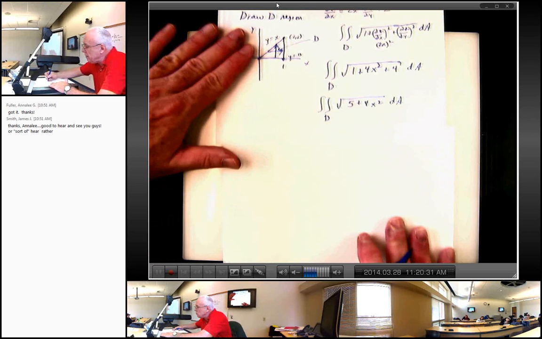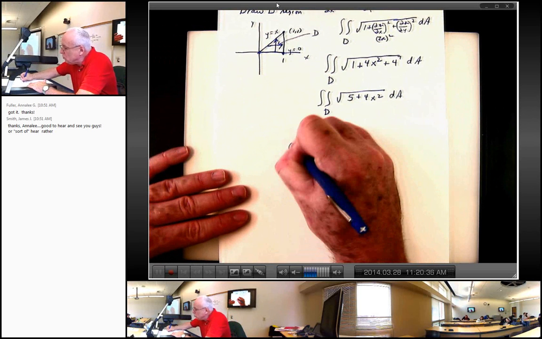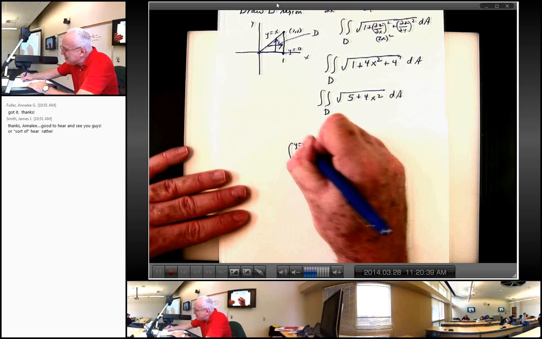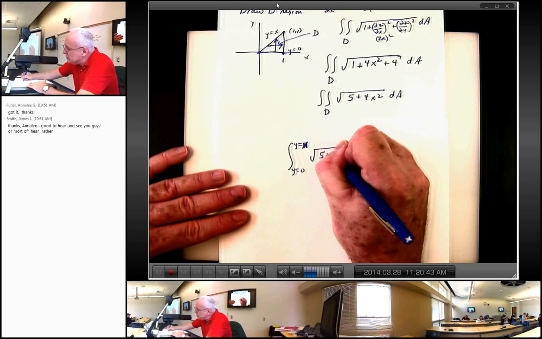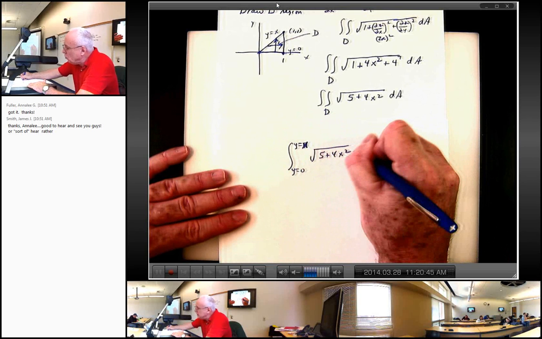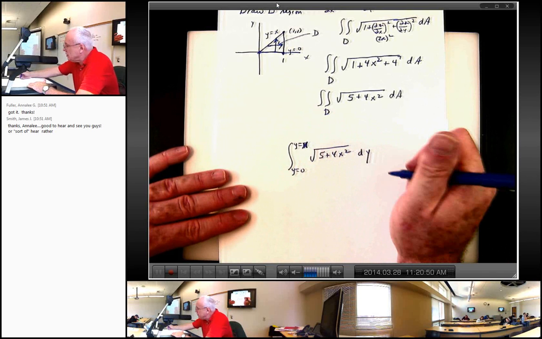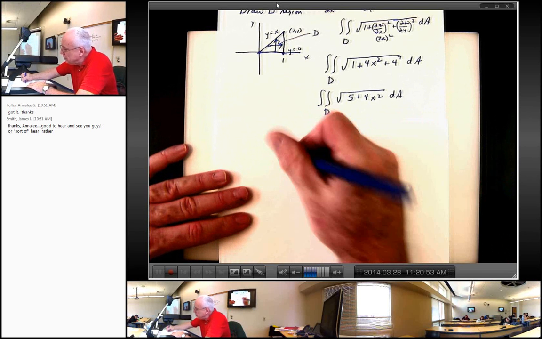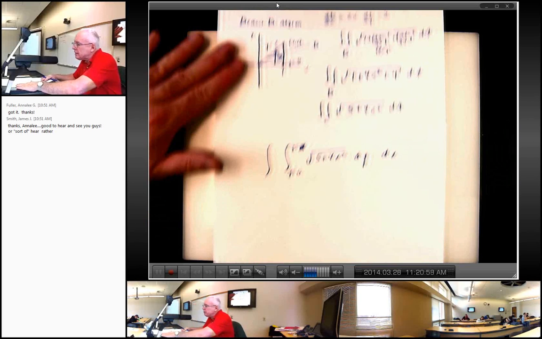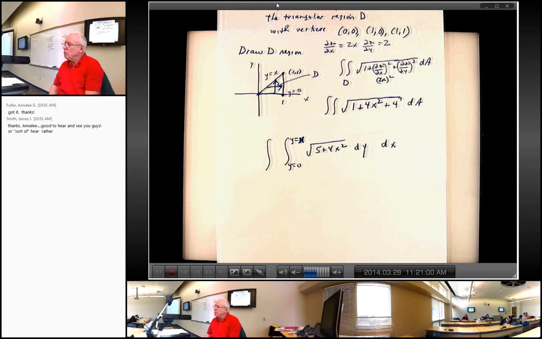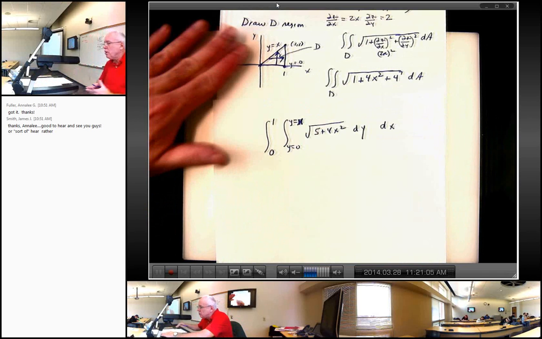So we're going to go first from y equals 0 to y equals x, of the square root of 5 plus 4x squared dy, and then we have to do our dx, and then what values does x range over? 0 to 1. 0 here, 1 here. You have to always draw these diagrams.